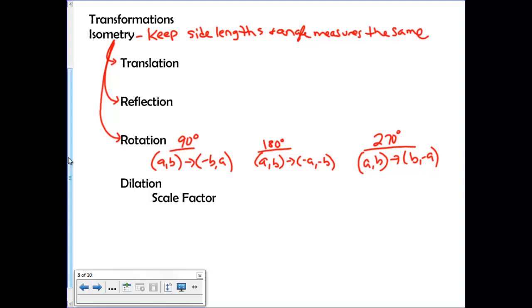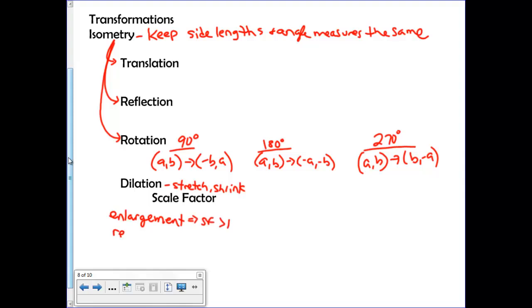And so like we said, dilation is either we stretch it or we shrink it. And specifically, that's where we started talking about enlargements and reductions. If it's an enlargement, the scale factor is greater than 1.